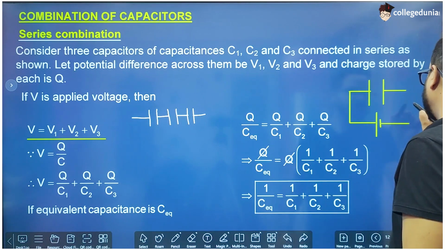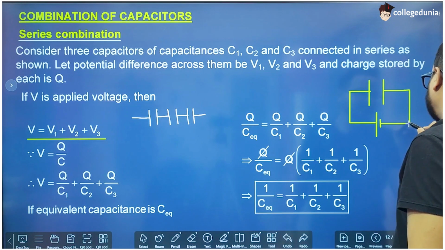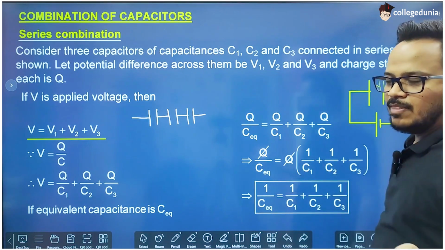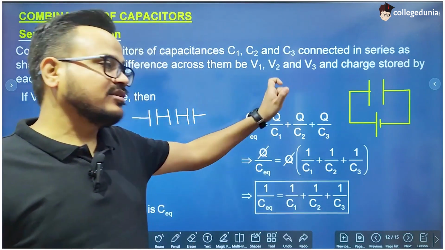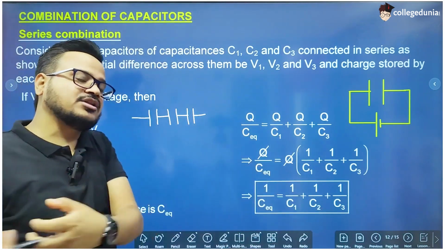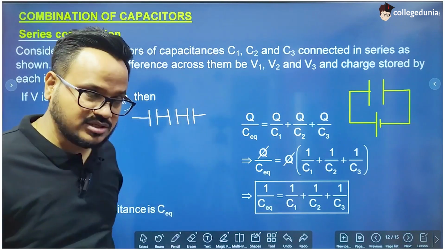That is the condition. Equivalent capacitance means that if a single capacitor were placed in place of these three, such that that single capacitor is also extracting the same amount of charge which this combination is extracting.